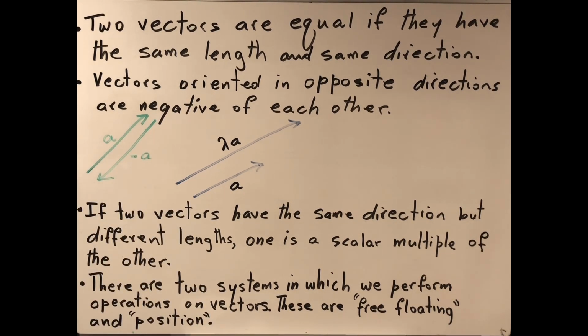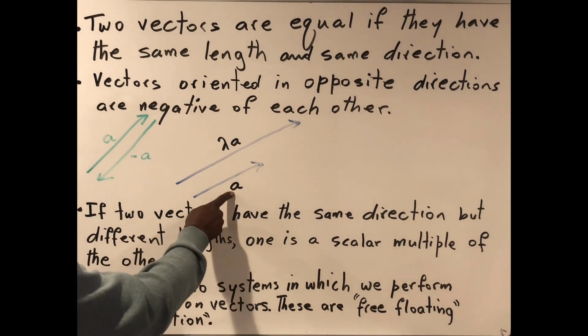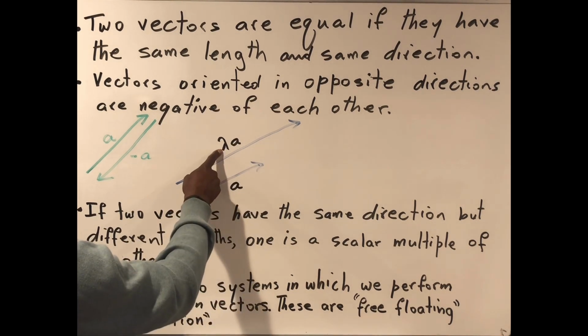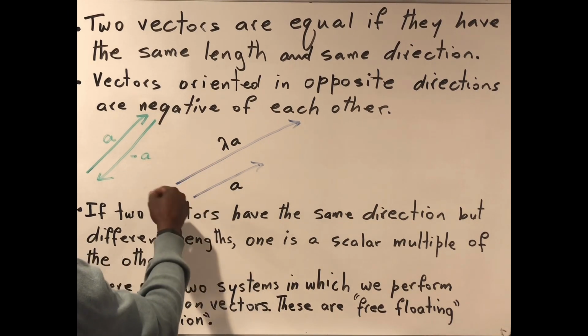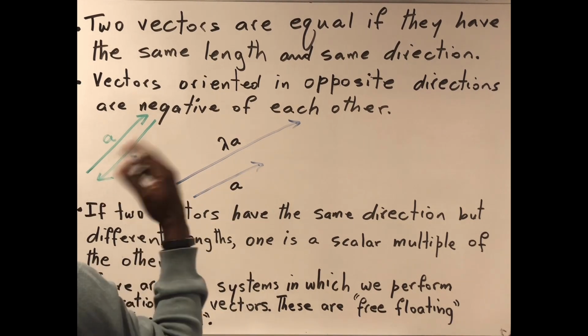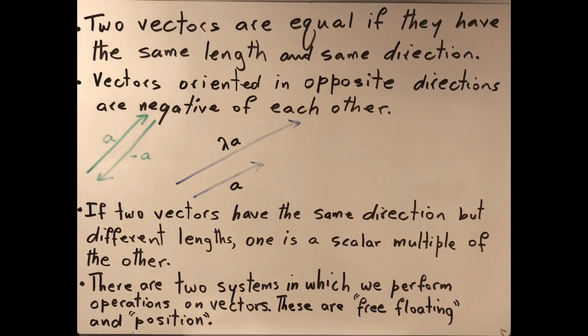If two vectors have the same direction but different lengths, one is a scalar multiple of the other. So we have a and lambda a, where lambda is a scalar quantity. Lambda could be equal to 2, 0.5, 3, etc.